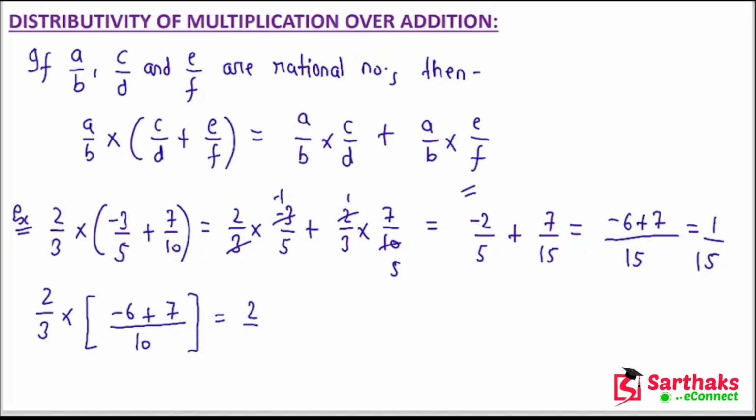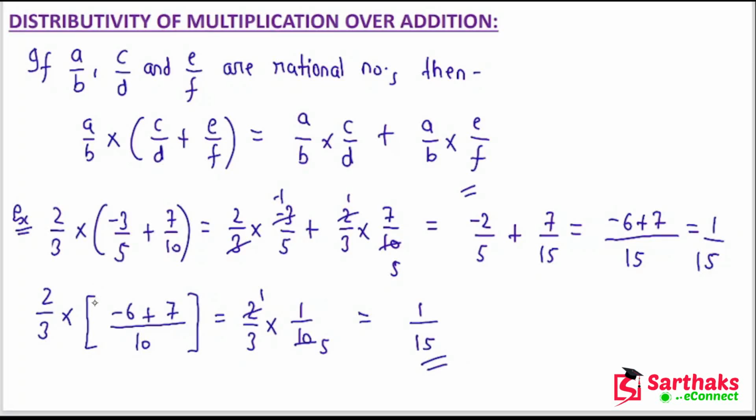We will get 2 upon 3 into 1 upon 10. So it will be 1 upon 15. You can clearly see that either way you get the same answer, but you can clearly see that multiplication gets distributed over addition. That was the actual property.